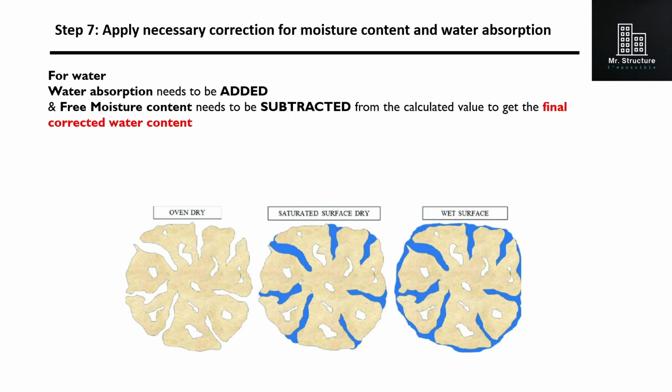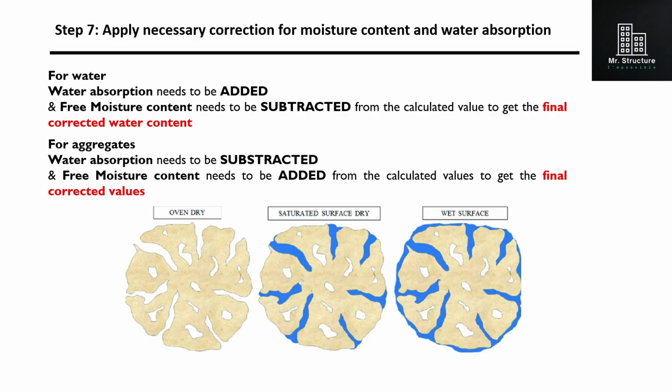For water, the absorption by the aggregates needs to be added, and the free moisture content of the aggregates needs to be subtracted from the calculated values to get the final corrected water content. The process is exactly opposite for aggregates.